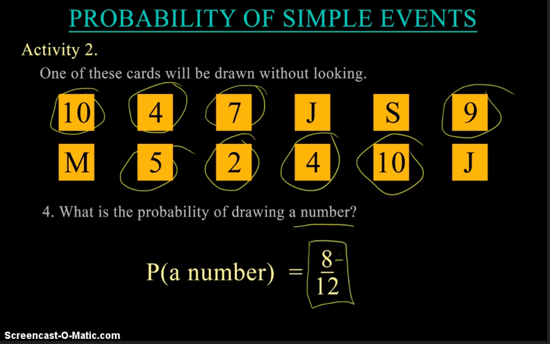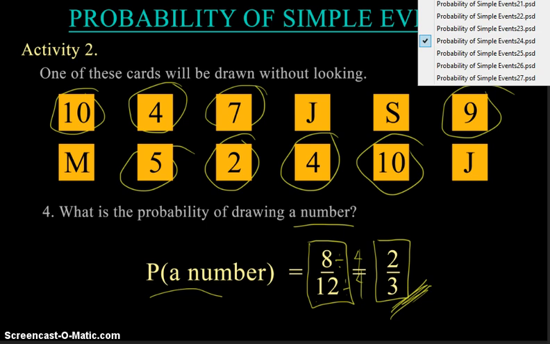So, reduce natin sa lowest term, divided by 4, both numerator and denominator, so we have 2 by 3 or 2/3. So 2 times 4 is 8, 3 times 4 is 12. So that is 2/3. The probability of drawing a number is 2 by 3.